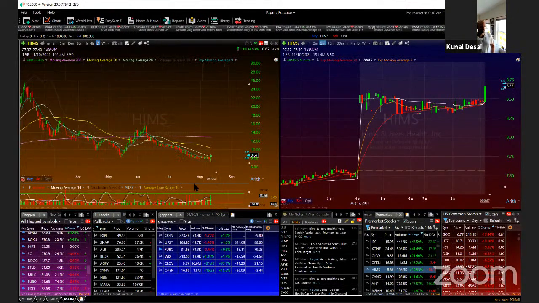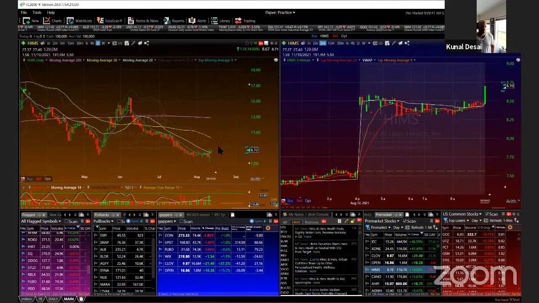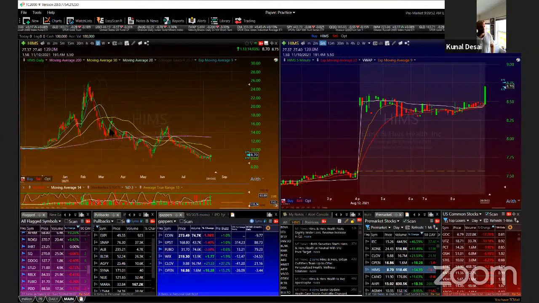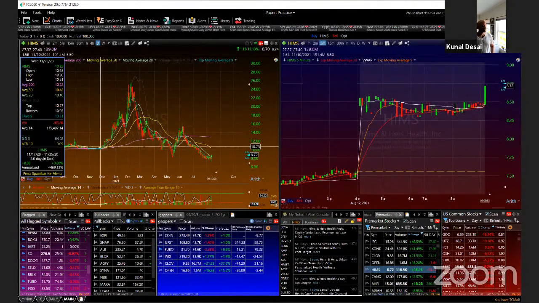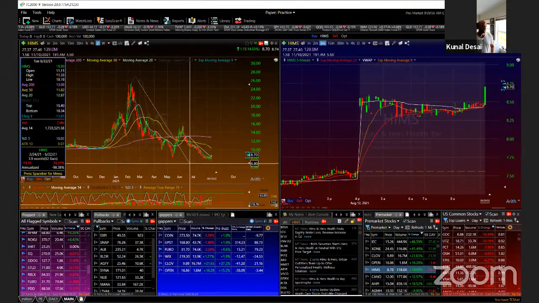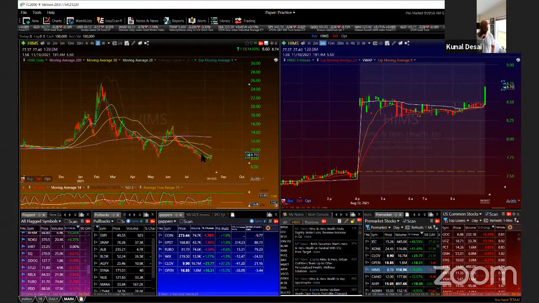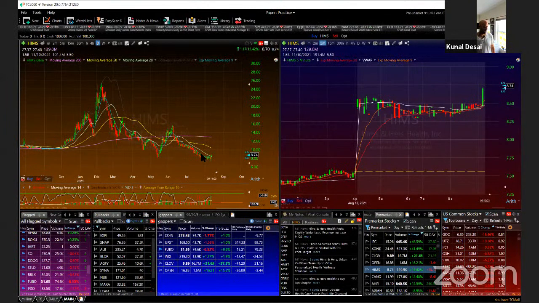It's a $1 billion company already. You do got a little bit of a rounding base. I don't know if this one is going to have any liquidity. It's got 100,000 shares in volume. This is one of those ones that's like a bottoming play. It's a former IPO. So like a lot of these IPOs that get hot, when they dump off and then have an earnings breakout or an earnings beat, they can actually squeeze pretty well.